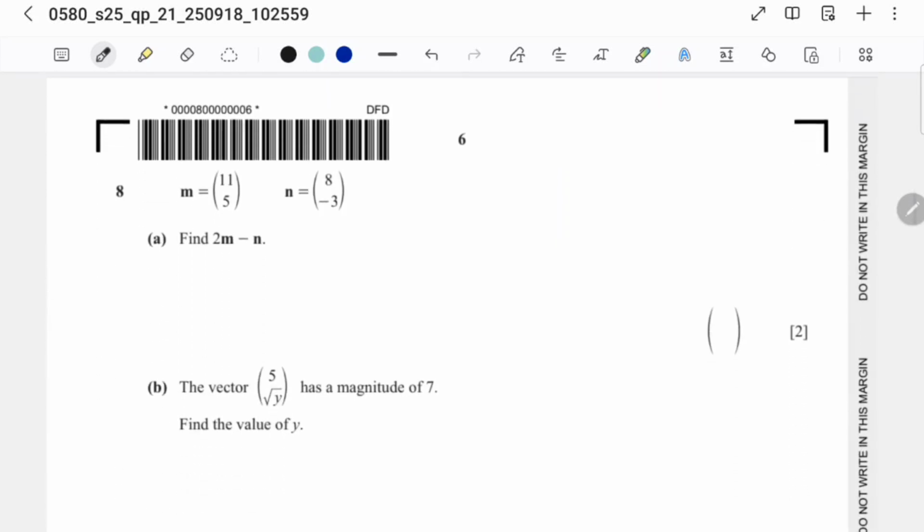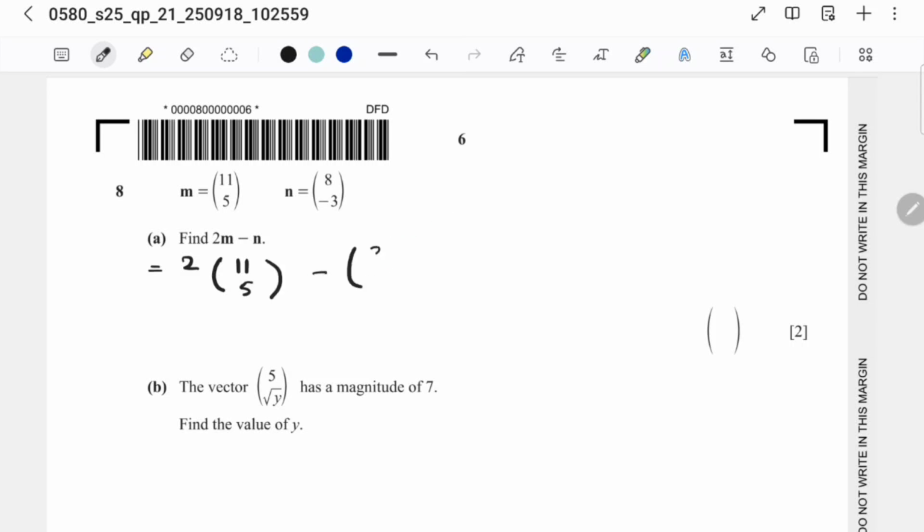The next question, question number 8. We have m equal to (11, 5) and n equal to (8, -3). We have to find 2m minus n. So 2 times m, m is (11, 5), minus n.